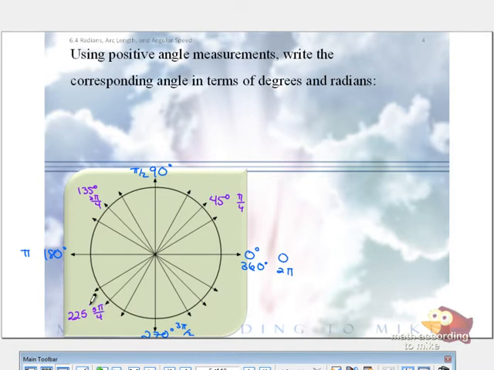Forgot my degree symbol. And 315 degrees is 7 pi over 4.